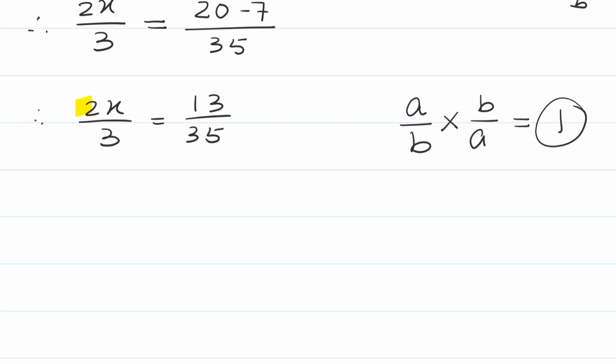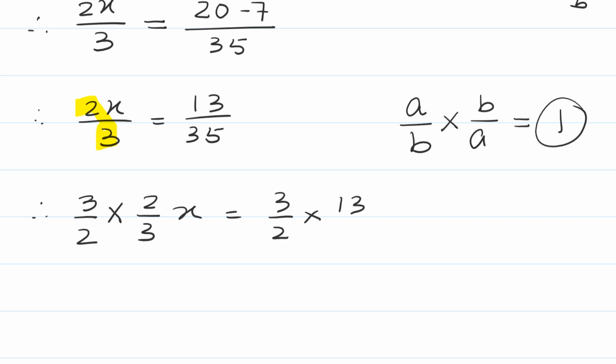So now to solve this equation, we have to remove the 2 by 3 term from the left hand side. So multiply the equation throughout by 3 by 2. 3 by 2 is the multiplicative inverse of 2 by 3. So multiply the equation throughout by 3 by 2.